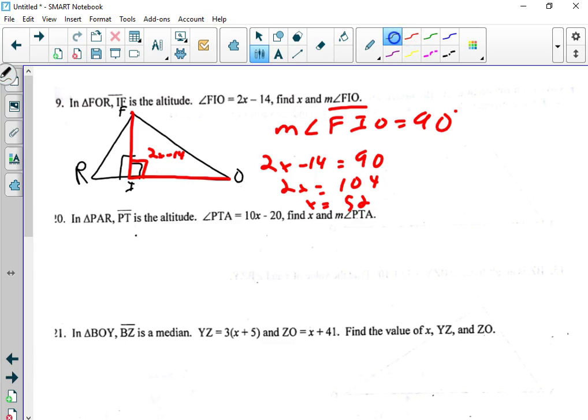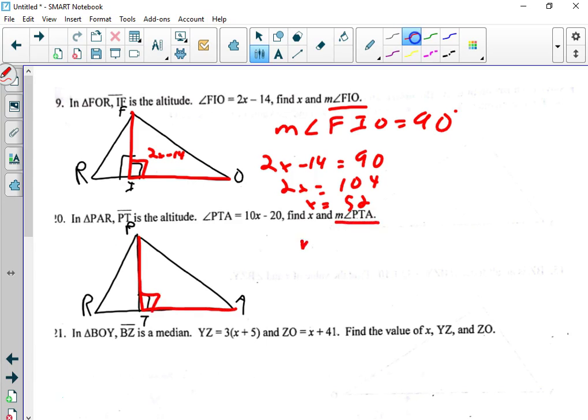PAR. We have an altitude again. Just drop it straight down, 90 degrees. P, T, there's my A, there's my R. Or we can switch them, it doesn't matter. PTA, where is that? PTA, 90 degrees.